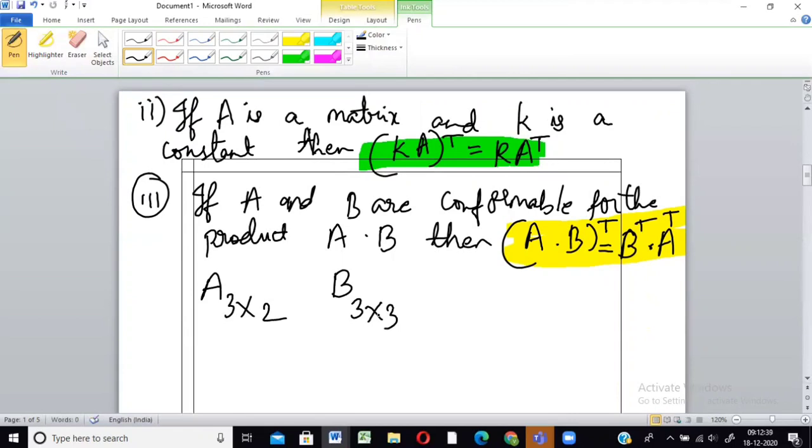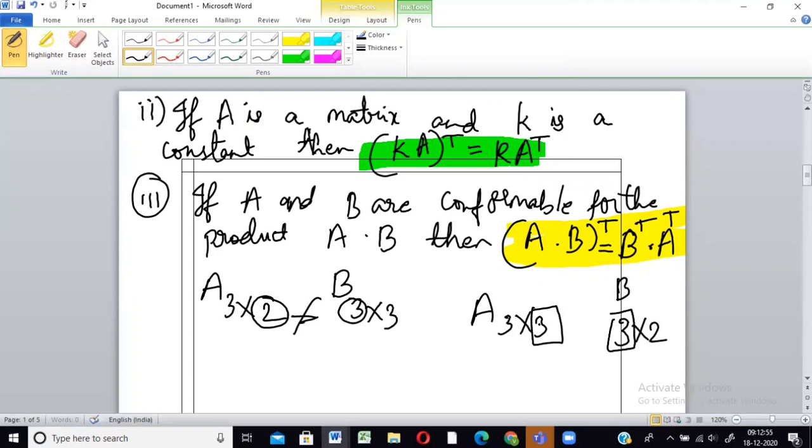Can I multiply these two matrices? No, it is not possible, because these two numbers are not matching. They're not equal. We can only multiply two matrices if, suppose A is 3 cross 3 and B is 3 cross 2. Then we can multiply, because the number of columns of the first matrix should always be equal to the number of rows of the second matrix.